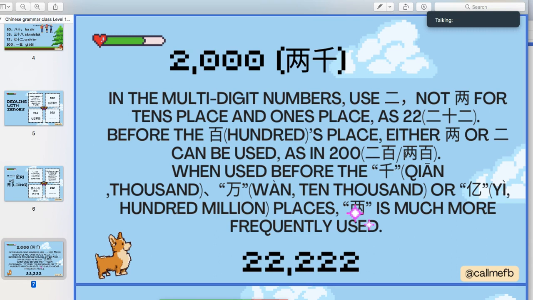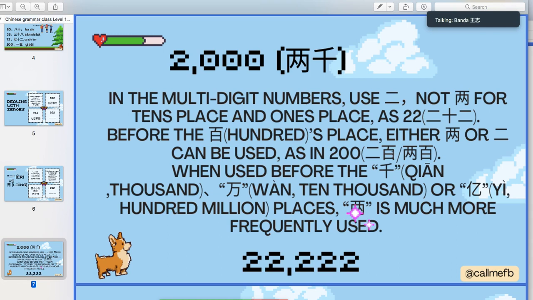But on the units we will still continue working with R. Like the last number that you just read, we could go with Liang bai Ling R or R bai Ling R. So within the hundreds, either will be correct.